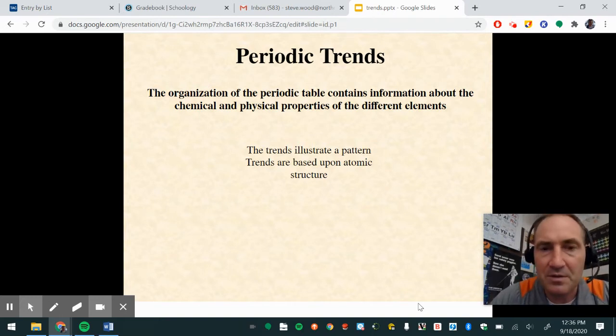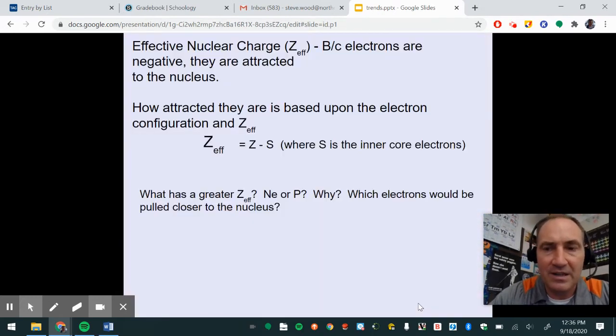All right, so the first thing we're going to talk about is effective nuclear charge, abbreviated Zeff. Because electrons are negative, they're attracted to the nucleus. Remember Coulomb's law: opposite charges attract, and distance matters too.